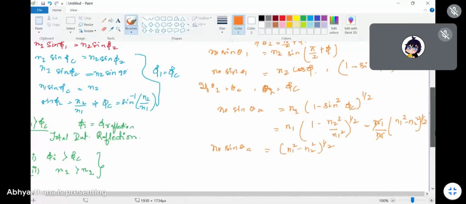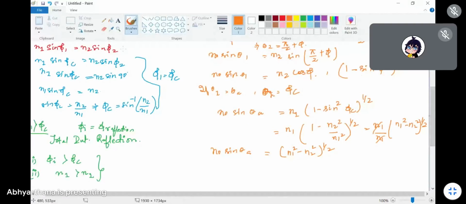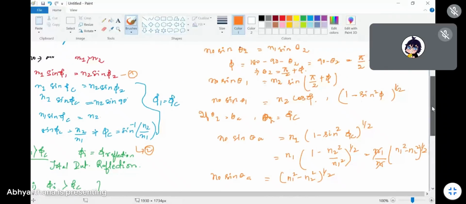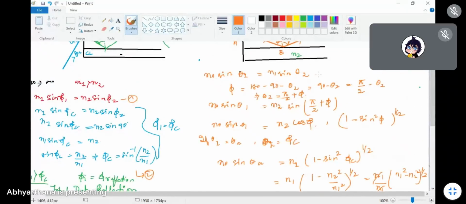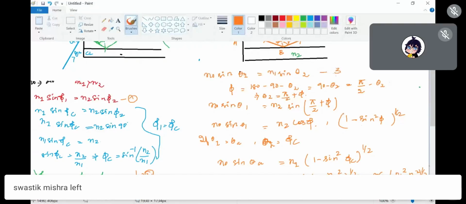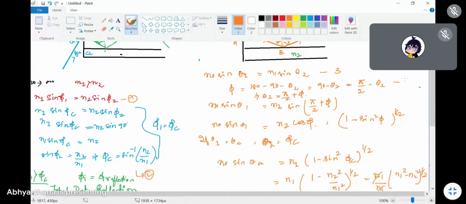Okay. You can mark all the equation numbers. This is equation 1. This is, let's say, equation 2. This is 3. This is 4. Okay. So on, if whatever you wish, like giving numbers. This is 5.